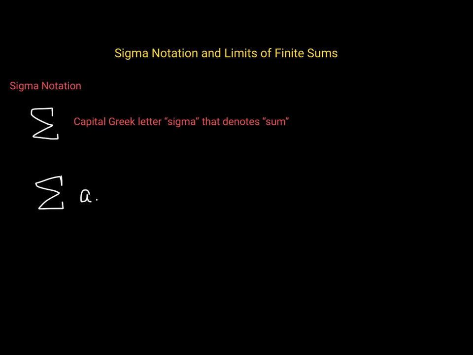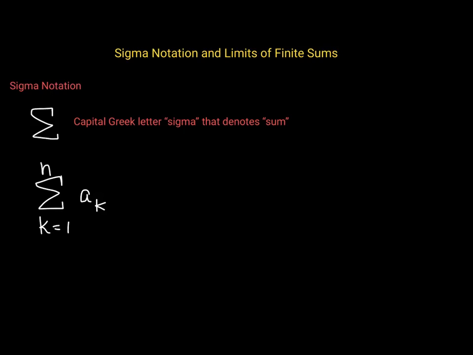With sigma notation, this is the capital Greek letter sigma, which means sum. If I use this letter, it means I'm adding something. So I would be adding, let's say, a sub k as k goes from 1 to n.